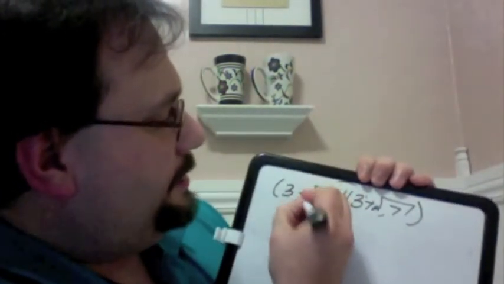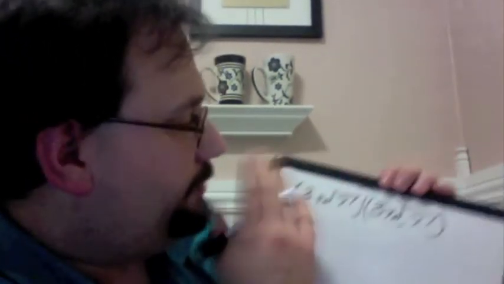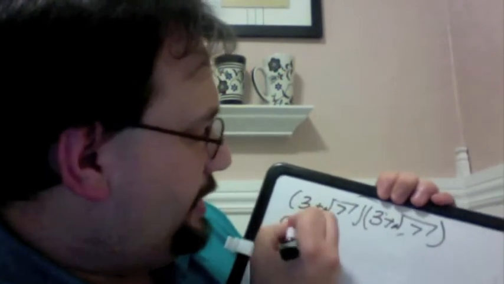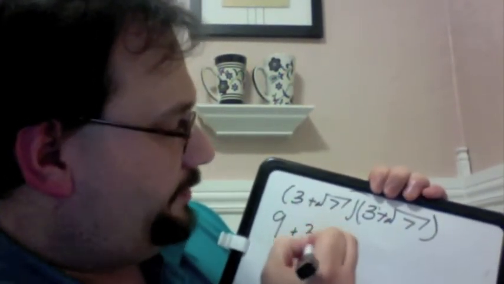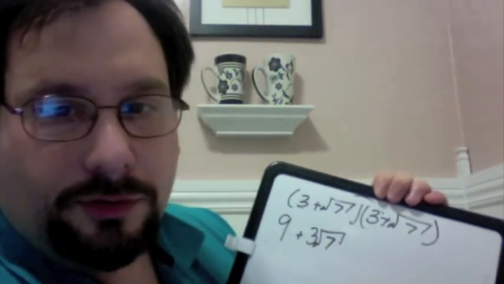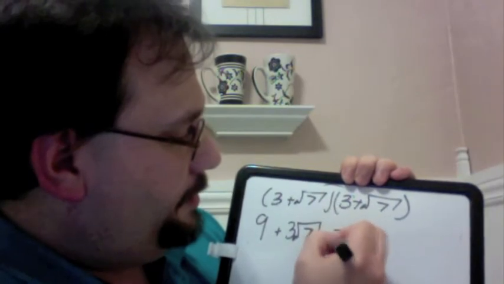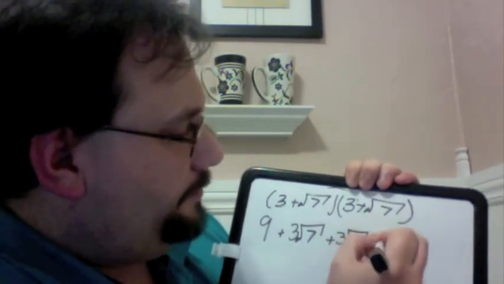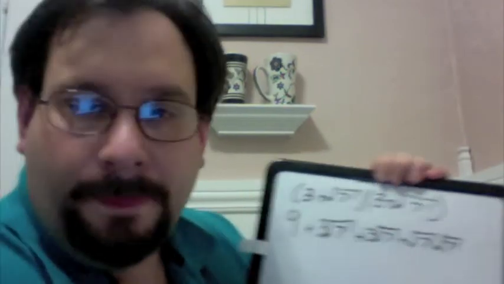I'm going to make this plus. So we're going to FOIL again. 3 times 3 gives 9 here. 3 times square root of 7 is positive 3 square root 7. Then positive 3 square root 7, and then plus square root 7 times square root 7.